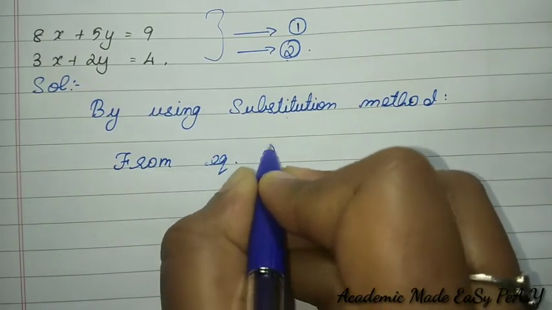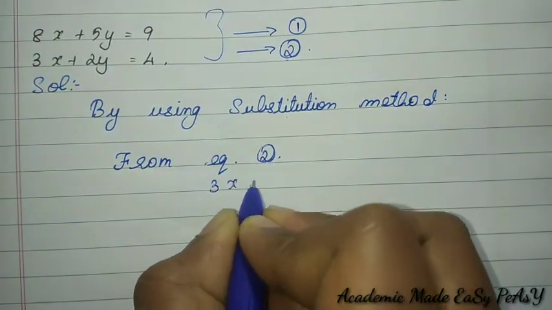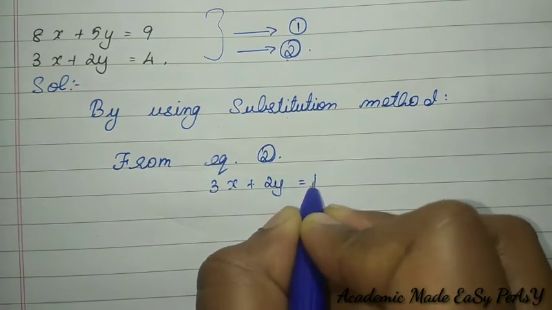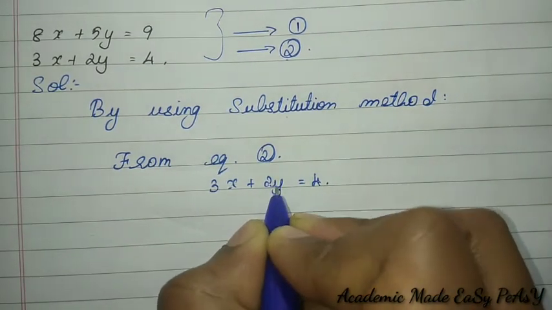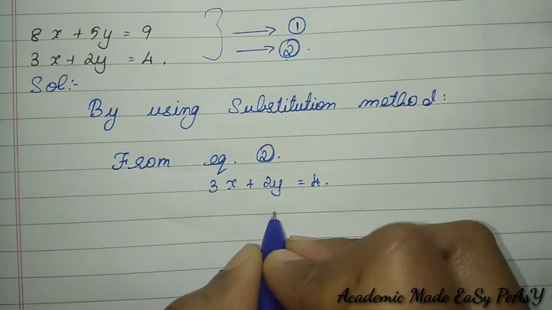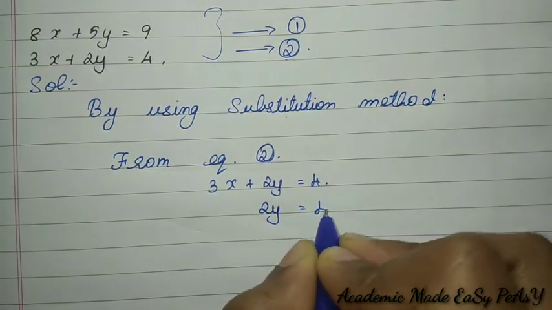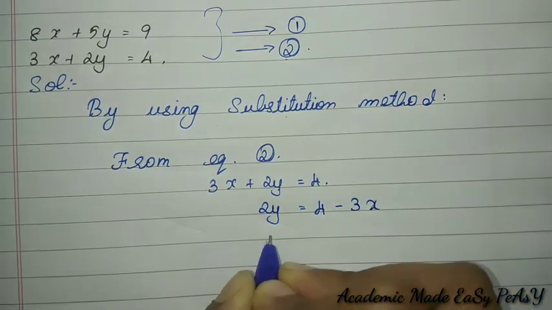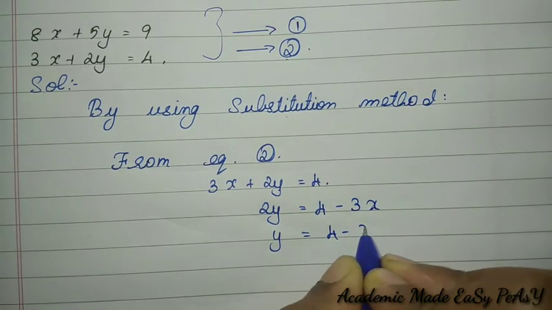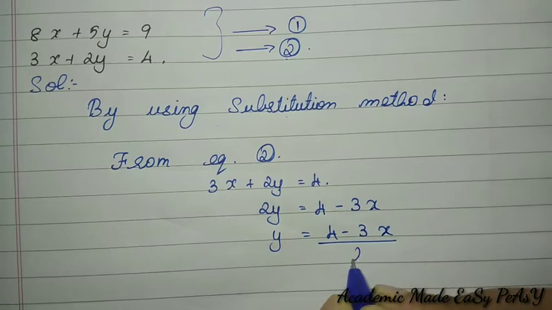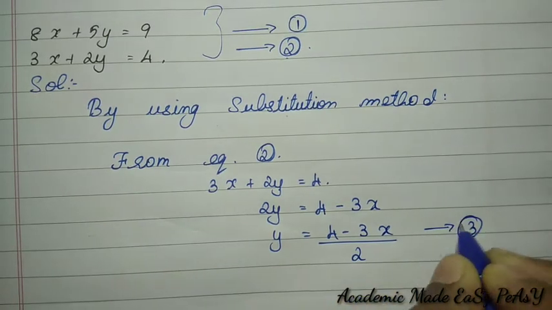From equation 2, 3x plus 2y is equal to 4. So let me have y in terms of x. 2y is equal to 4 minus 3x, as 3x goes to the other side. So y is equal to (4 minus 3x) divided by 2. Let this be equation 3.